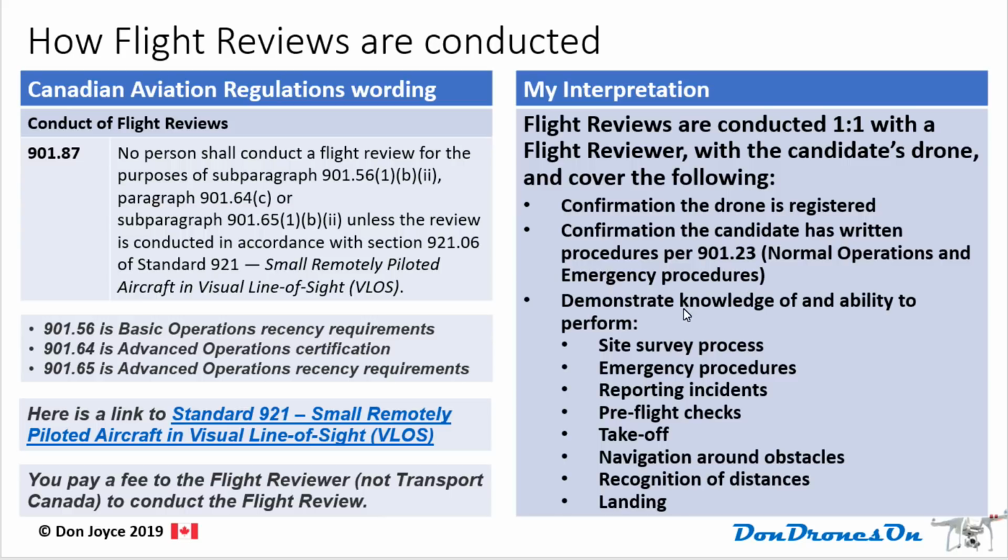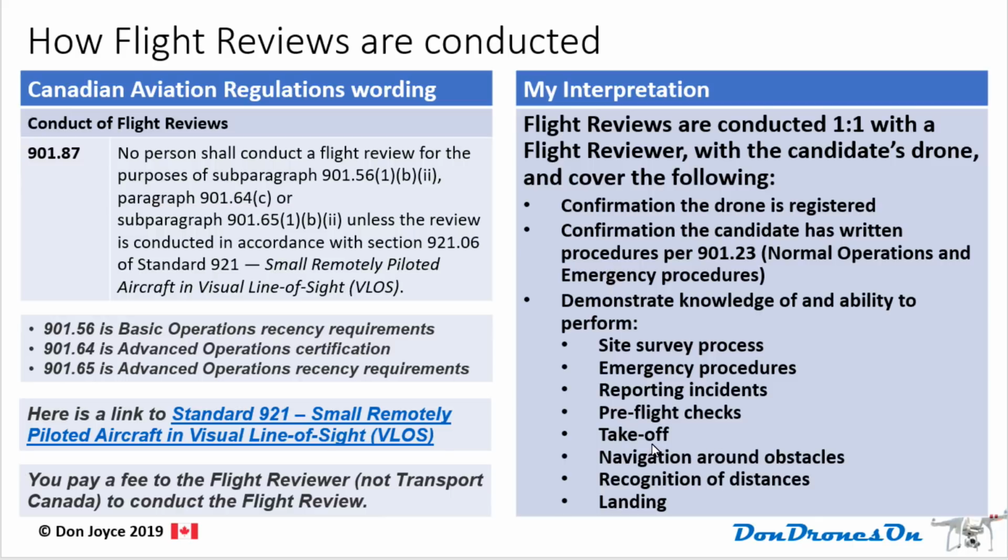And you need to demonstrate both the knowledge of and the ability to perform. So you will be asked to do these things. The site survey process, again, we'll talk about that in Module 8. Emergency procedures, reporting incidents. What do you do if you crash into an airplane or something horrible happens? Pre-flight checks, takeoff.